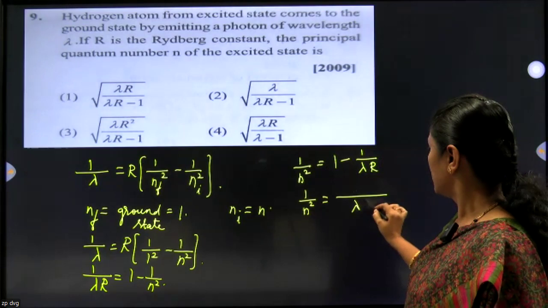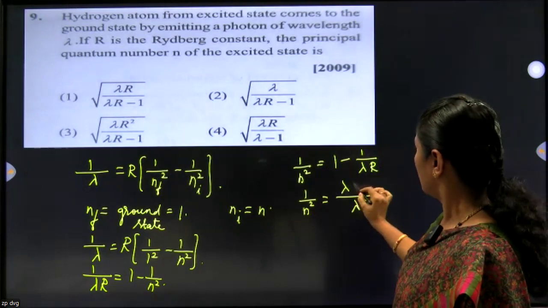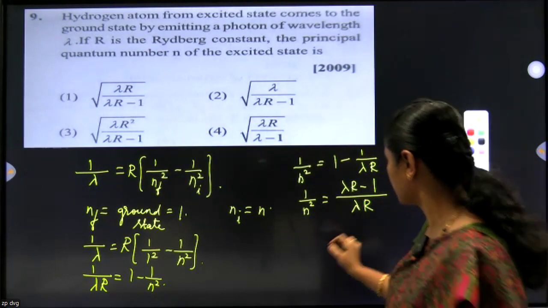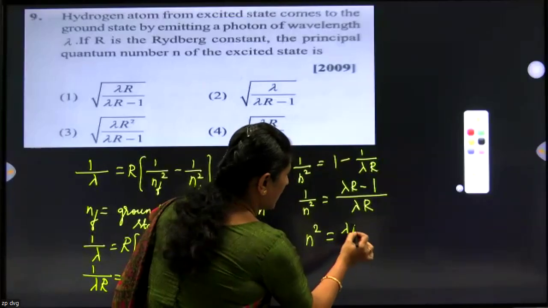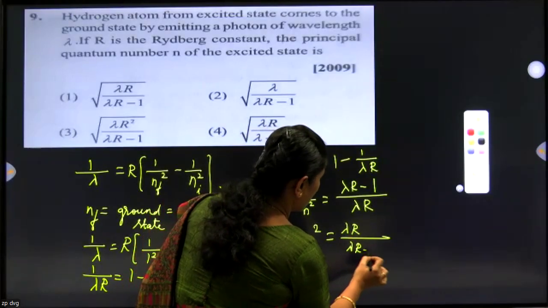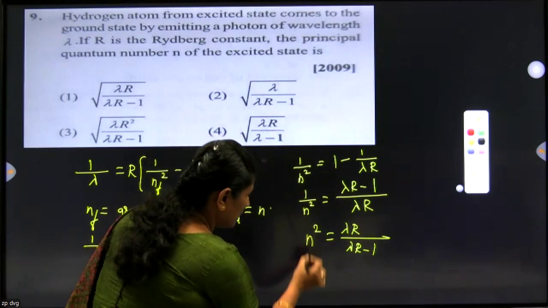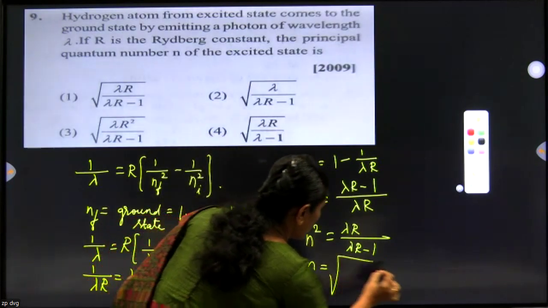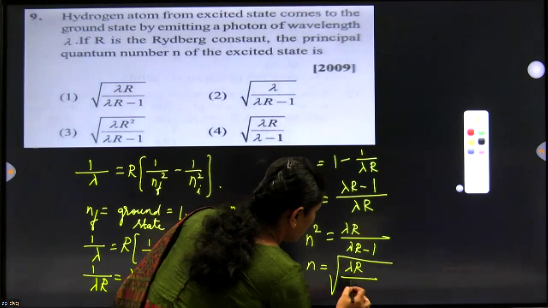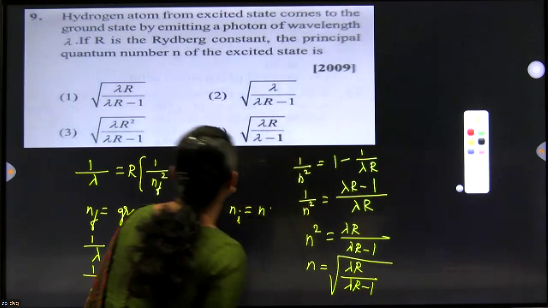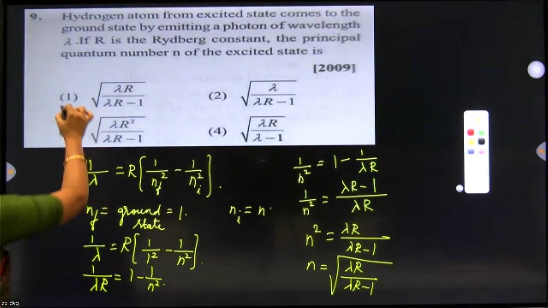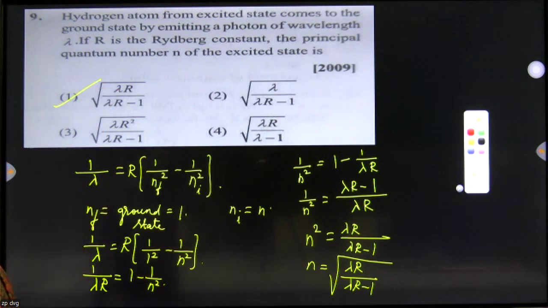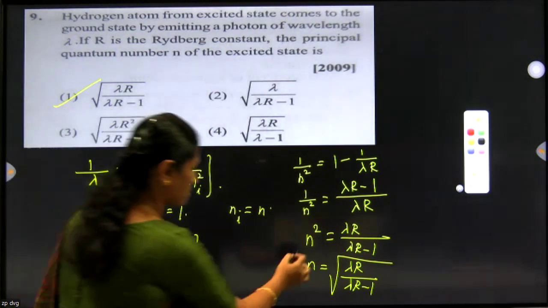Taking LCM, 1/n² = (λR − 1)/(λR). Then n² becomes the reciprocal of this, λR/(λR − 1). So n is equal to the square root of λR/(λR − 1). Is there any answer like that? Yes, the first one, square root of λR/(λR − 1). The first one is the answer.